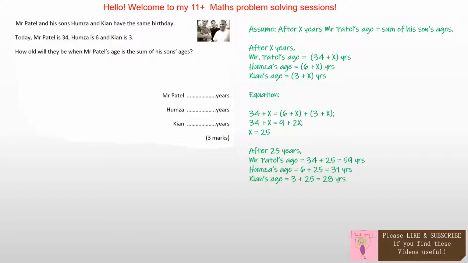Right, so what I did here is I made an assumption that after x years Mr. Patel's age will be the sum of his sons' ages, right? So after x years, what will be Mr. Patel's age?